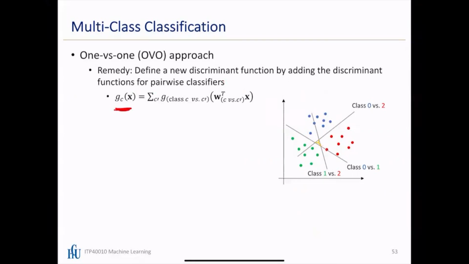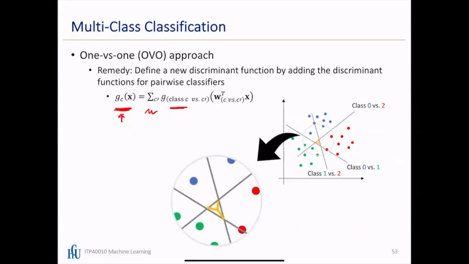So G_C over here, for each class that you want to build a discriminant function on, you marginalize over the other classes and take the summation. So you can define a new discriminant function in this way, and again, you want to maximize this quantity. If you do so, this small area on the screen, which can be magnified in this way, is going to be divided into three classes.